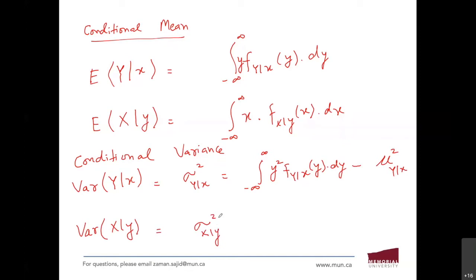Because I'm interested in x, it should start with x squared times the conditional probability density function of x given that y, and we integrate it from minus infinity to plus infinity, and then we subtract the square of the conditional mean value. Because we need it for x given that y, this conditional mean should be for x given that y.